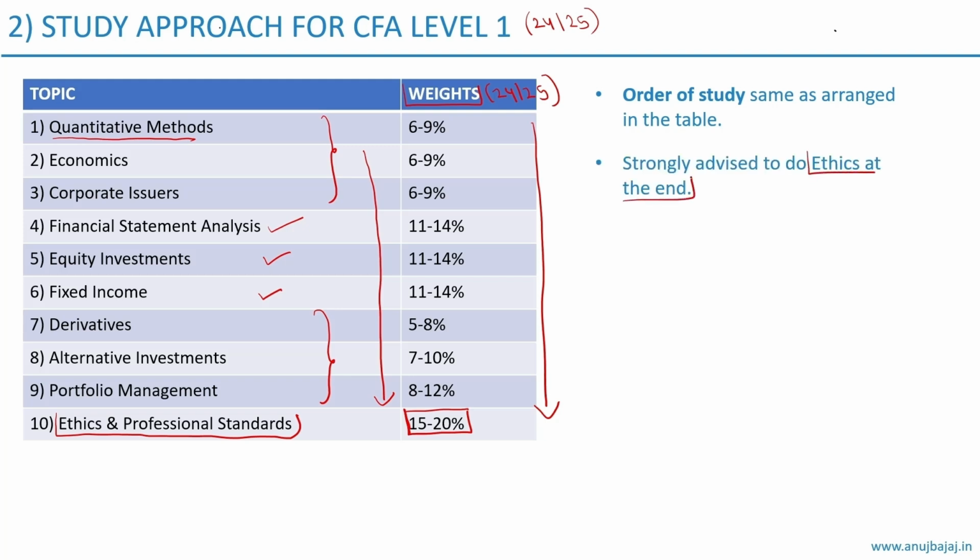This is because ethics and professional standards is completely theoretical. So if you do it at the very beginning, then there are chances that you might forget the content as the exam appears closer. So it is advised you do it at least 1 to 1.5 months before your examination so that you can remember the content very well prior to your exam.